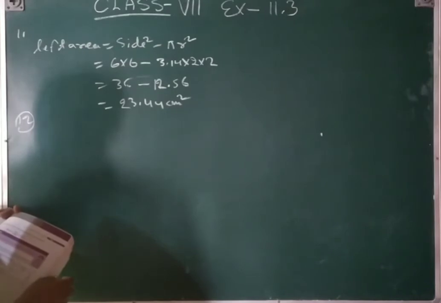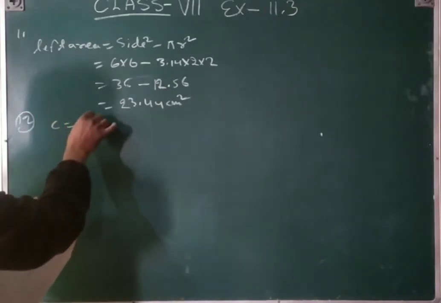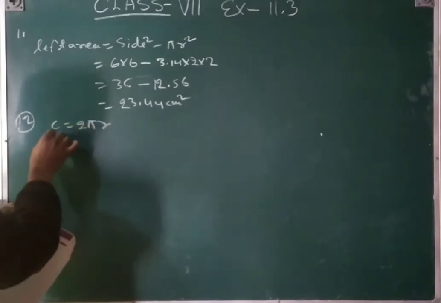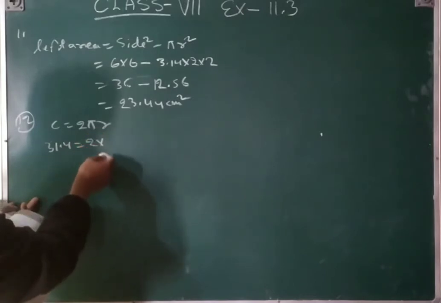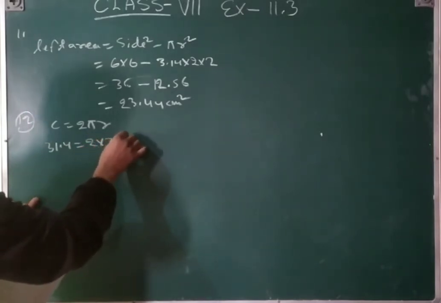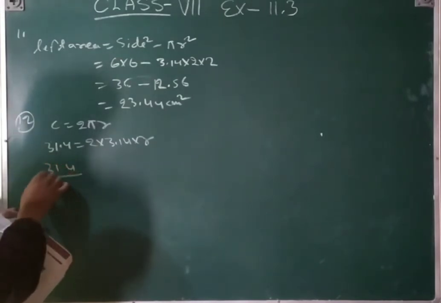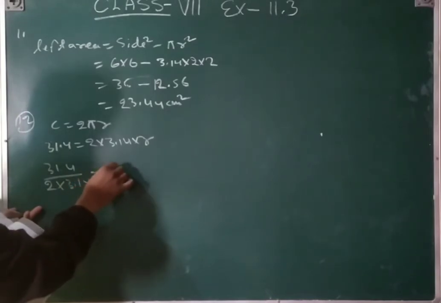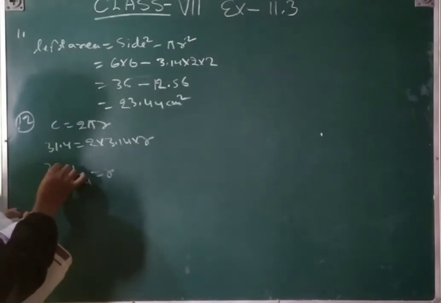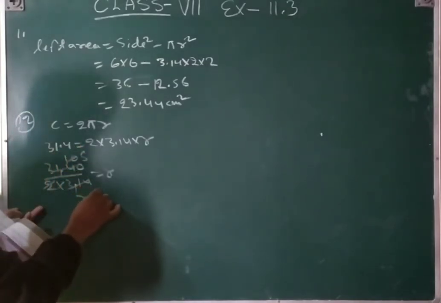12th question: the circumference of a circle is 31.4 centimeter. Find the radius and area of the circle. So circumference is equal to, we know, 2 pi r. So circumference is given 31.4 is equal to 2 into 3.14 into r. So these two will go to that side, so that will be 3.14 is equal to r. By decimal, the 0 cancels, that will be 10, that is 5. So r is equal to 5.